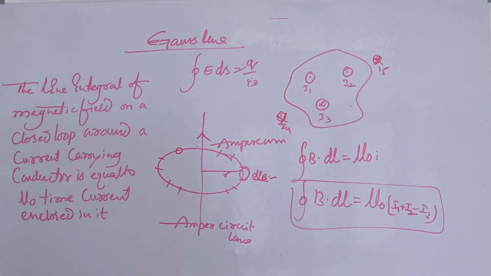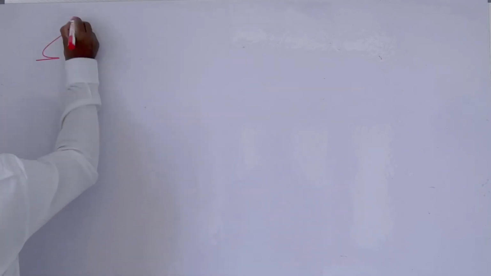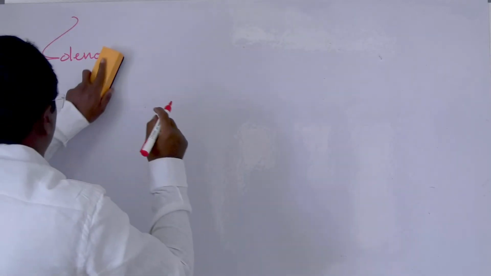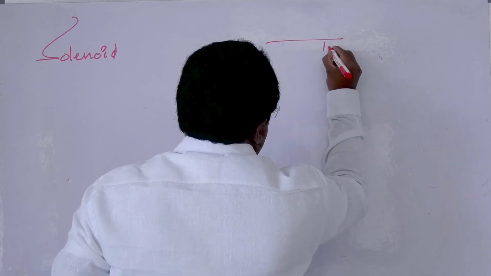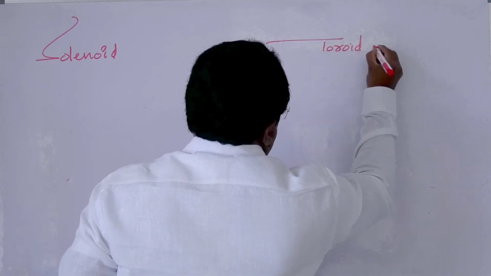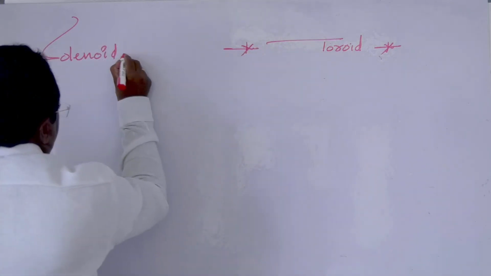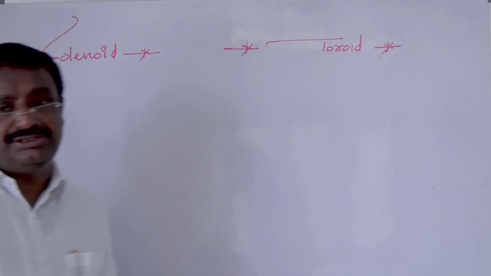They are the solenoid and the toroid. These two are the most important magnetic devices to produce a uniform magnetic field. They are used in several applications.